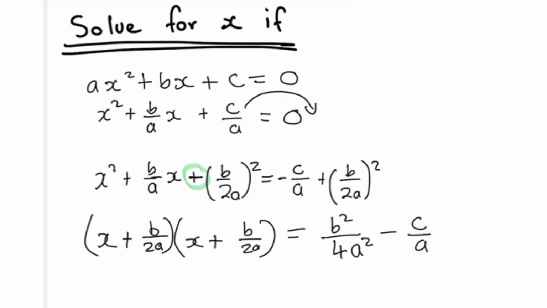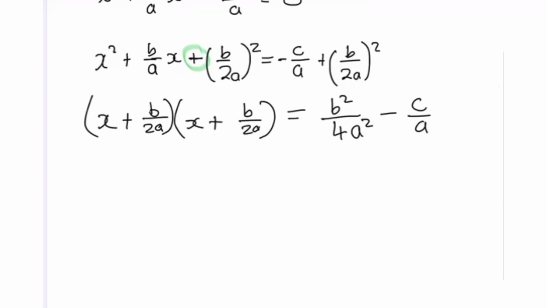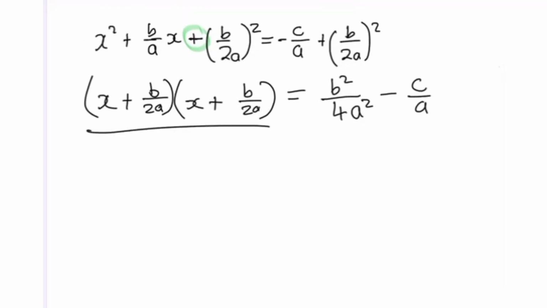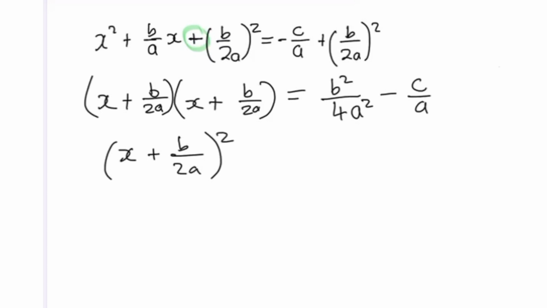We'll proceed by simplifying it in the next step. Now the left hand side can be written as x plus b over 2a all squared. It's the same bracket containing the same thing, multiplying itself, so it's just itself squared. And then we have equals to this side.